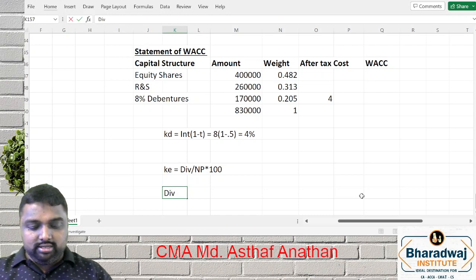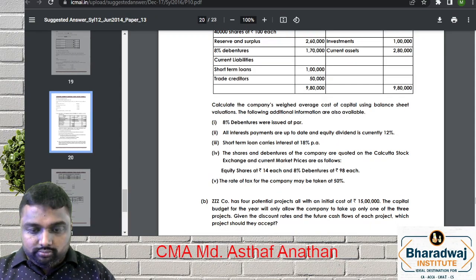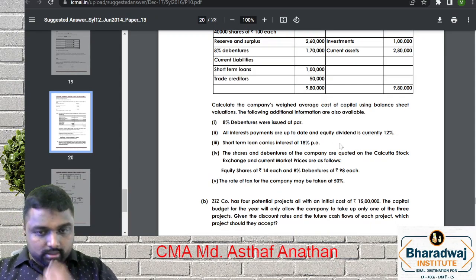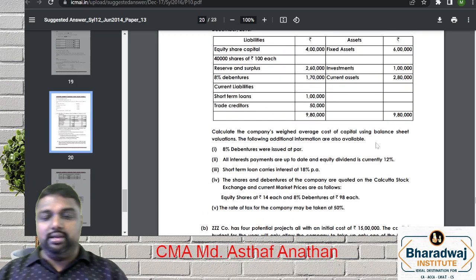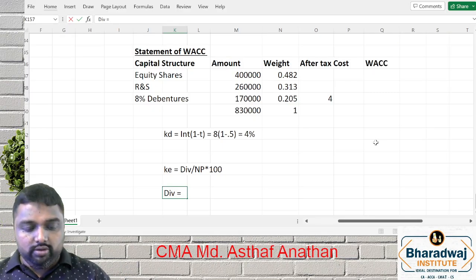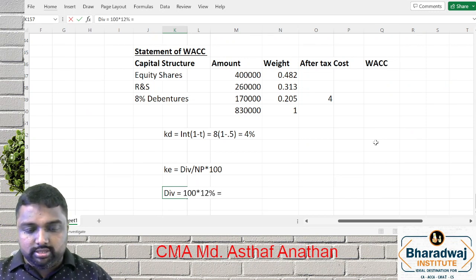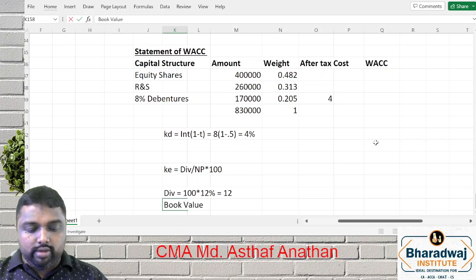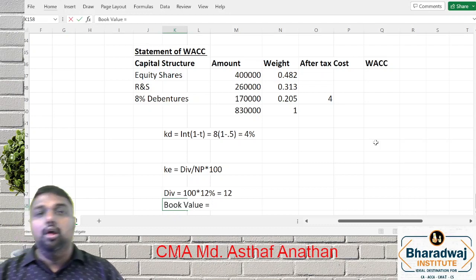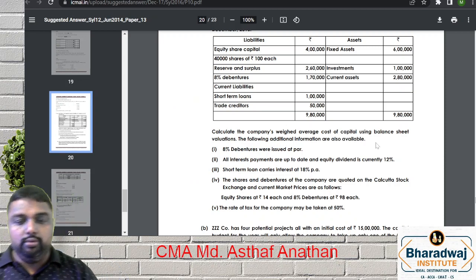So what is the dividend, my dear friends? Dividend is 12%. So dividend will be 100 into 12%, which will be 12. What is the net proceeds book value? You can go for book value. Net proceeds is not good. How can you get book value?